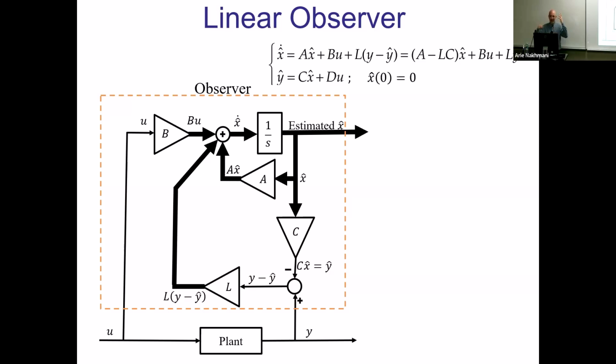This is called dual problems. You're just renaming some variables with other names. You're renaming B with C transpose, and you're renaming A with A transpose, and C with B transpose. This is how it works. So it's just renaming variables, but the principle of the solution is exactly the same.